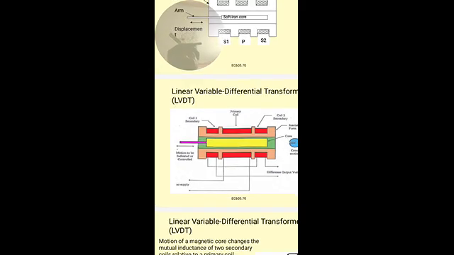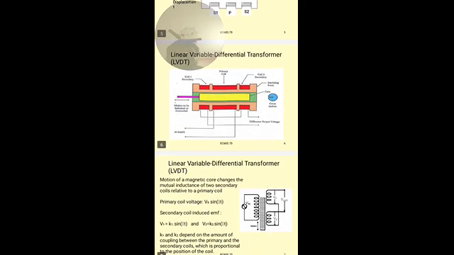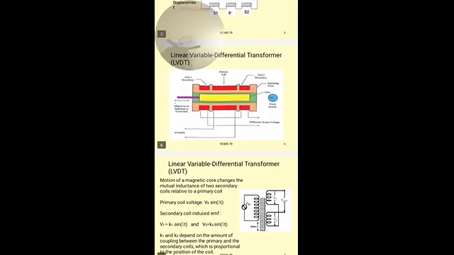The two secondary windings have the same number of turns but are connected in series opposition. An AC voltage with a frequency between 50 to 250 Hz is applied to the primary winding. Two voltages Vs1 and Vs2 are obtained in the two secondary windings S1 and S2.